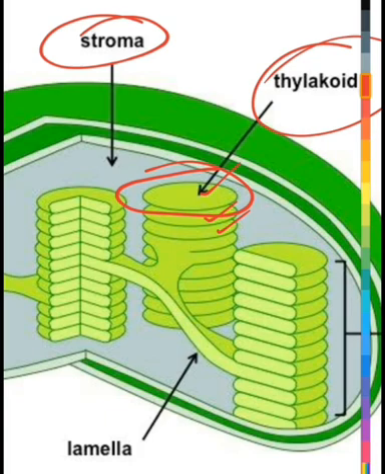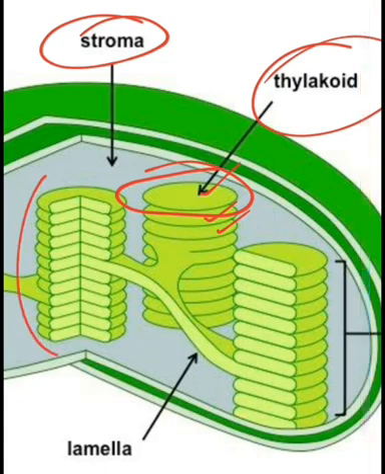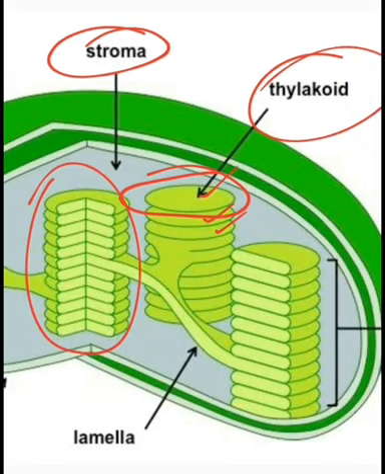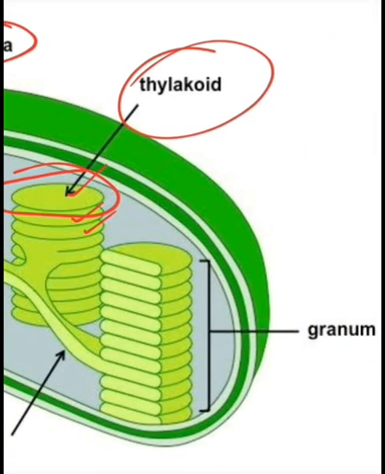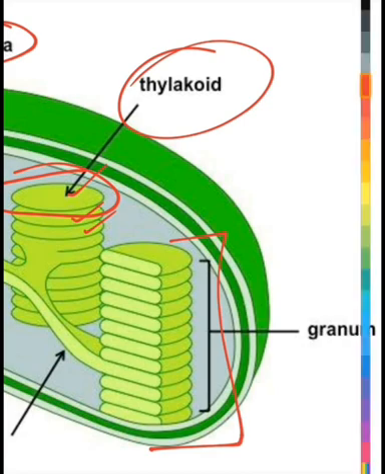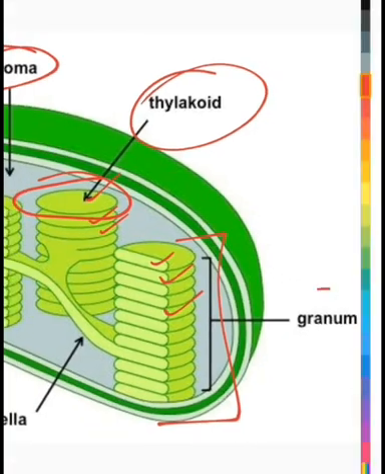All these thylakoids are arranged one above the other, looking like a stack of coins, and this whole stack consisting of many thylakoids is known as granum.